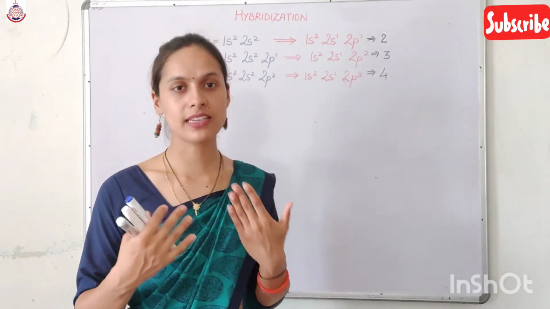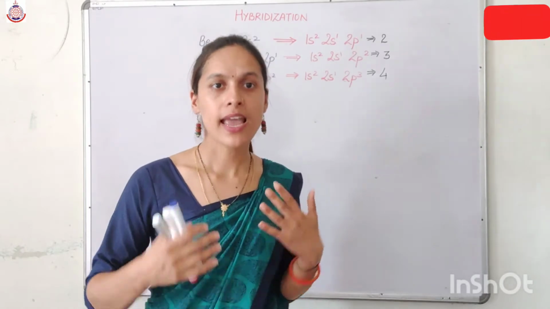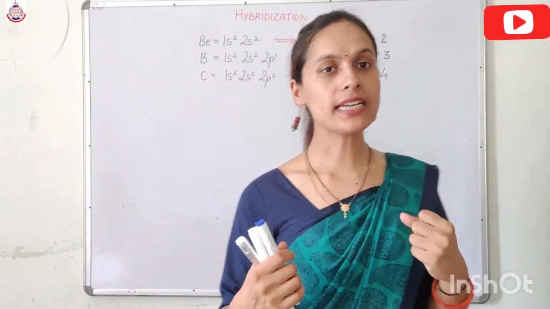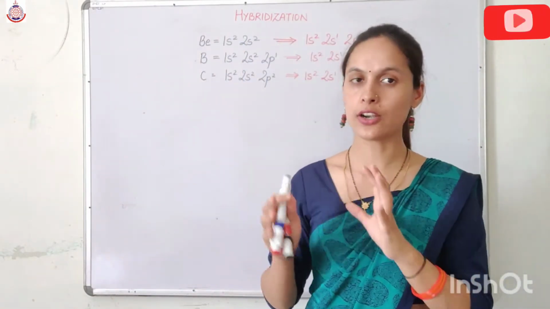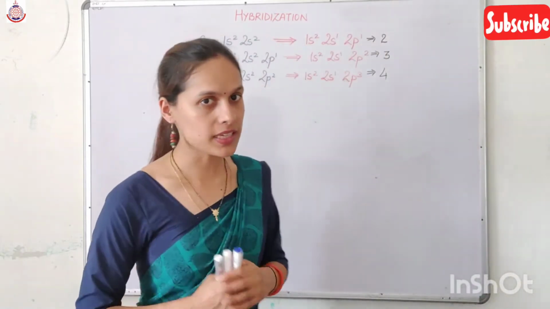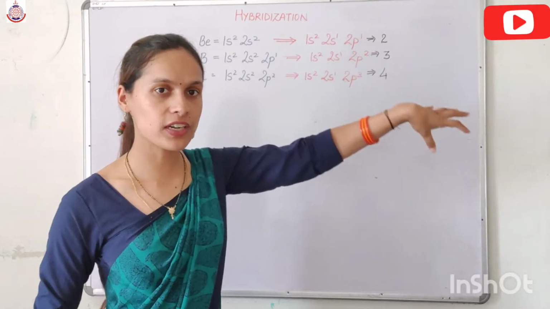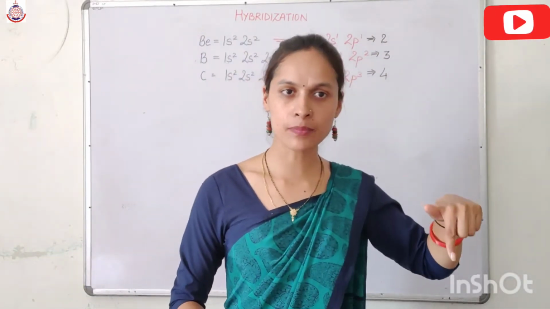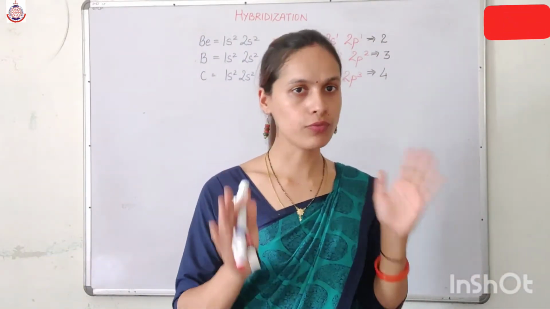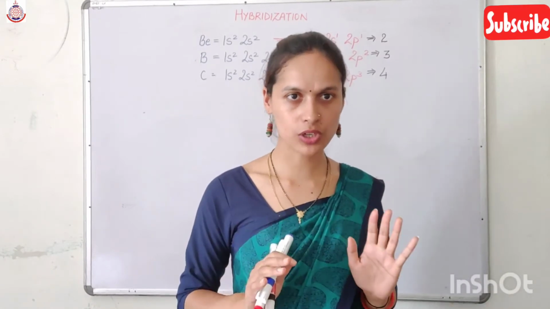In those orbitals, there is exchange of orbitals, as a result of which we get a sufficient number of atomic orbitals. It means these atomic orbitals overlap with the half-filled atomic orbital of the incoming atom and result in the formation of a bond.